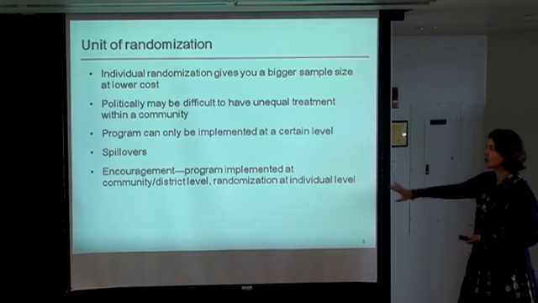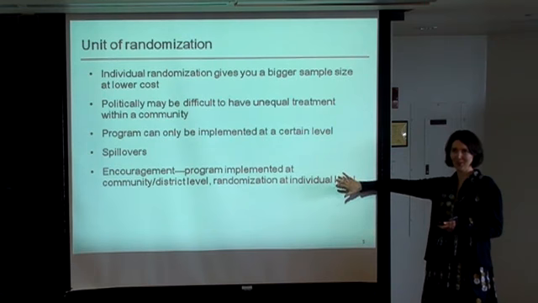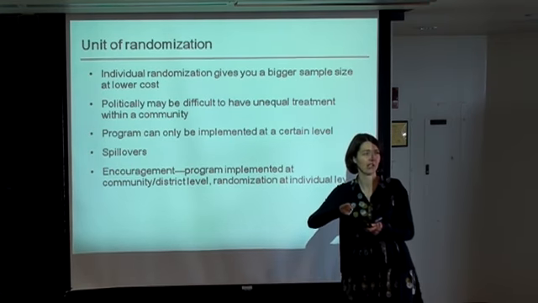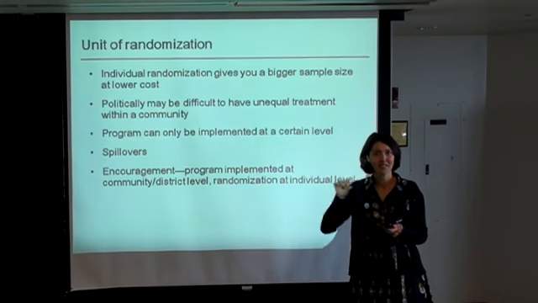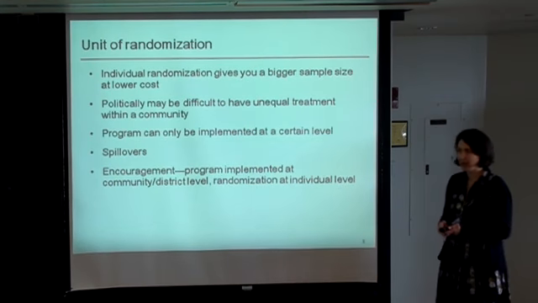Encouragement is this kind of weird thing that's halfway between the two, in the sense that the program may be implemented at a village or a district level, but you can randomize encouragement to take it up at an individual level. So sometimes that's a nice way out of that.